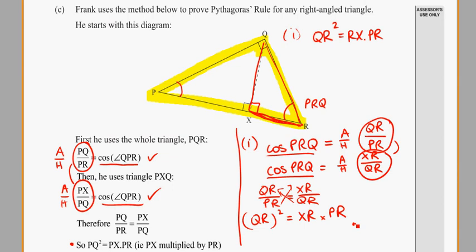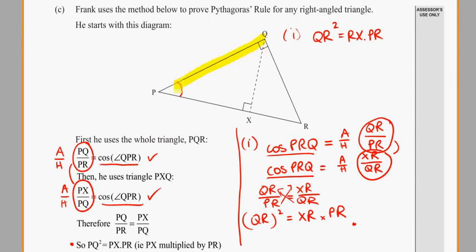Right, part 2 says use the results above to prove Pythagoras' rule for triangle PQR. So that's the big one. So we need to show that that side squared plus that one squared equals the big long one. So we just get rid of some of that. We'll go back and highlight the whole thing again.